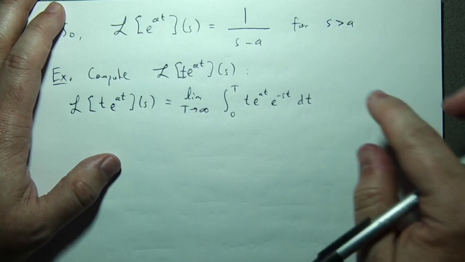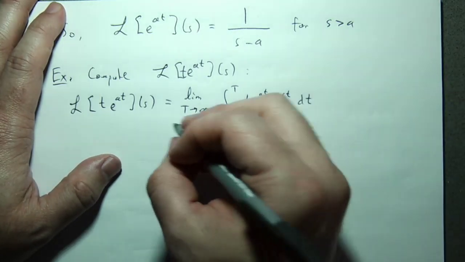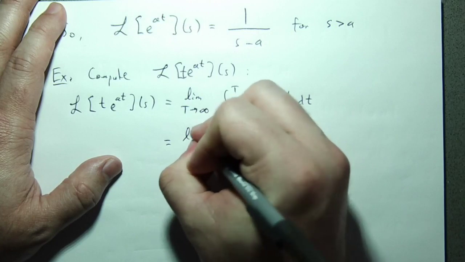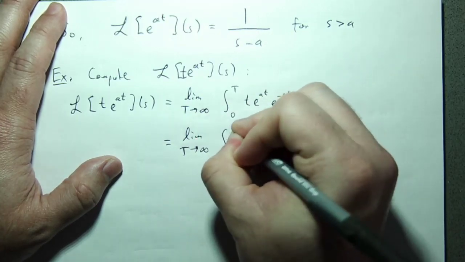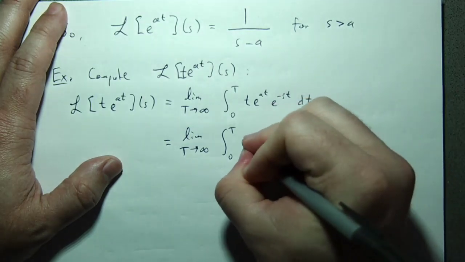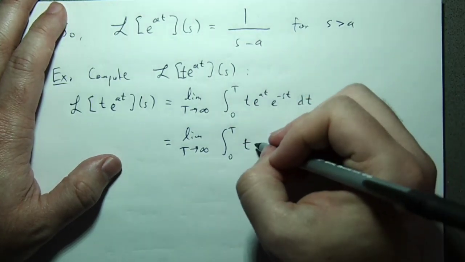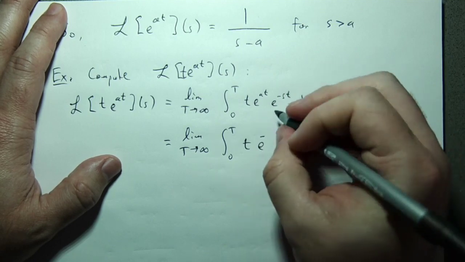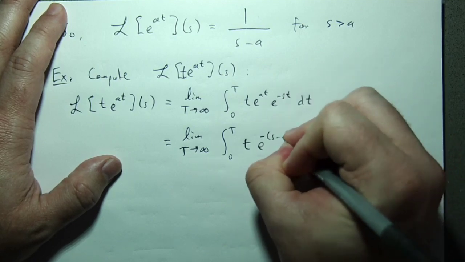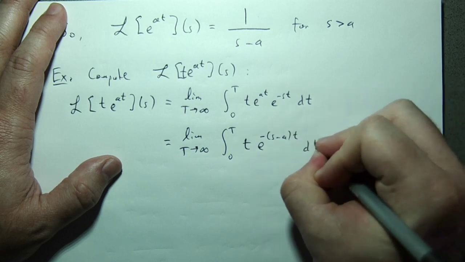Okay, so rewriting this in the same way that I rewrote the other, this is the limit of that integral from 0 to big T of t times e to the minus s minus a t dt.